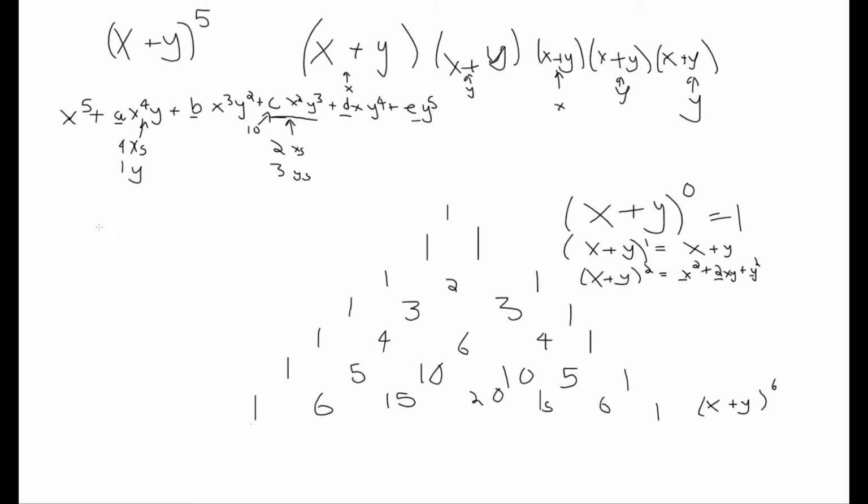Okay, let's say we have x plus y, and then we have x squared plus 2xy plus y squared. I should really be using Pascal's triangle, because it gives me all of the coefficients.